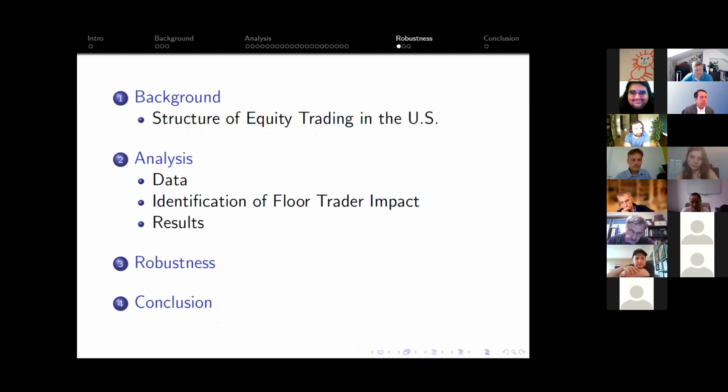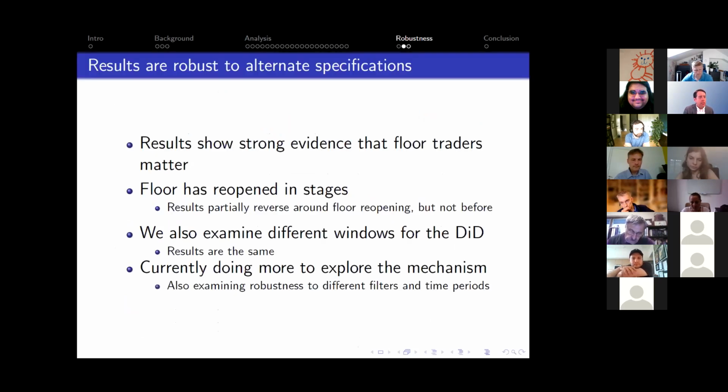Okay, so I am almost out of time. Let me show you just, Carlos kind of asked to see this. So the floor has partially reopened. And I think we've got pretty strong evidence that I've shown you so far that floor traders do matter, especially when liquidity provision is more complex. So we've started trying to unpack the mechanism more. And one of the things we've looked at is the reopening that happened in May of 2020.